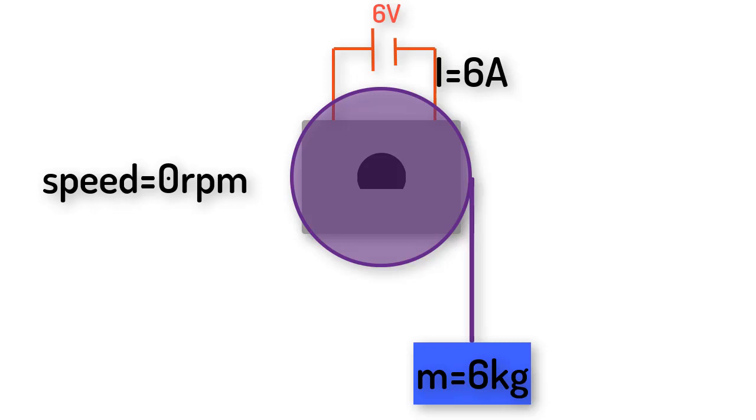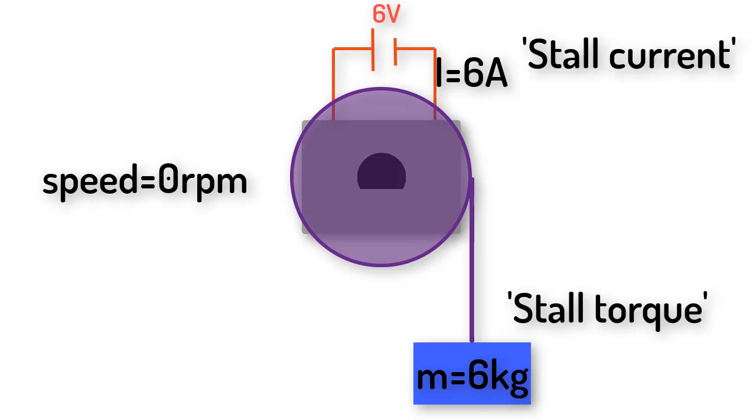The motor is holding the mass up. This amount of torque is what we call the stall torque. It's called this because it's the most amount of torque the motor can provide before it stalls or stops. The amount of current that the motor pulls when it is stalled like this is called the stall current.